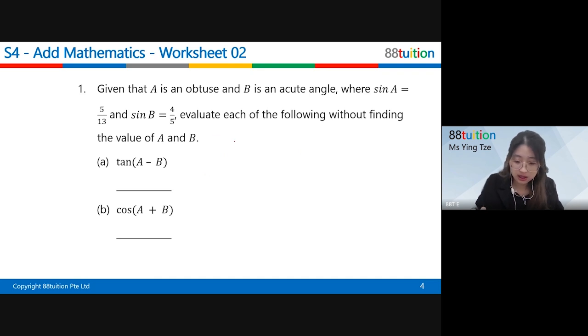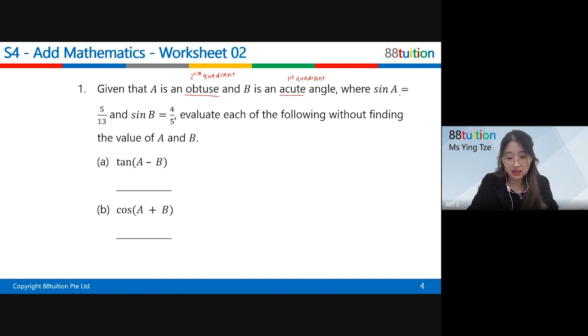They say that A is an obtuse angle, which means that it is in the second quadrant. And B is acute, which means it's in the first quadrant. Then it tells us that sine A is 5/13 and sine B is 4/5. So we need to draw the triangles.